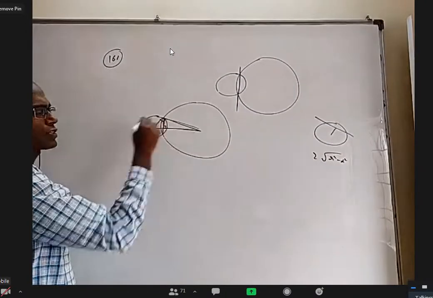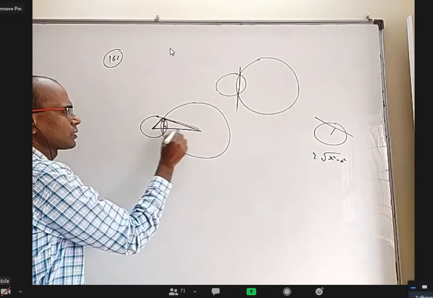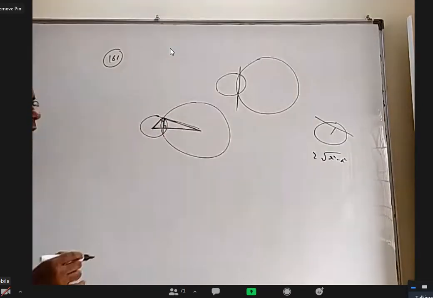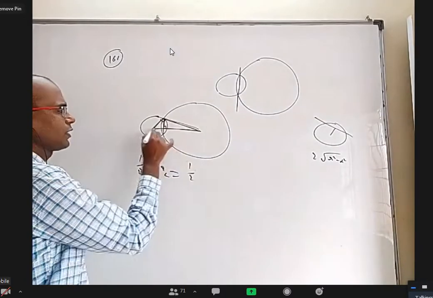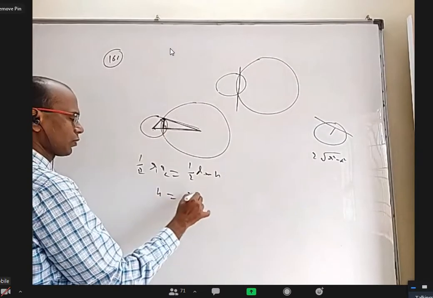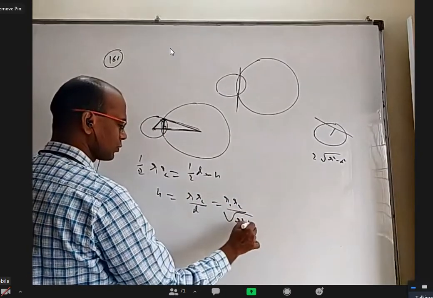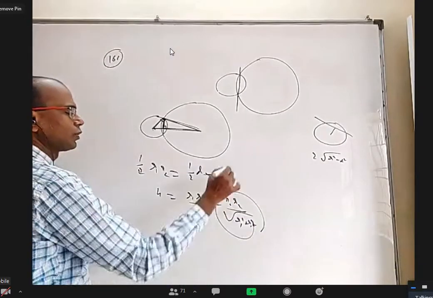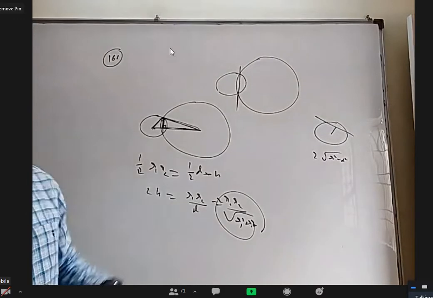You can find area of this triangle in two different ways. You can take this as the base, this as the height, or this as the base, this as the height. For example, here half of R1, R2 is area, or half into D into this height H is also area. H will come R1, R2 by D. In fact, D is root over R1 square plus R2 square, orthogonality condition. 2H will be the answer. This is when it is orthogonal, we can do that.